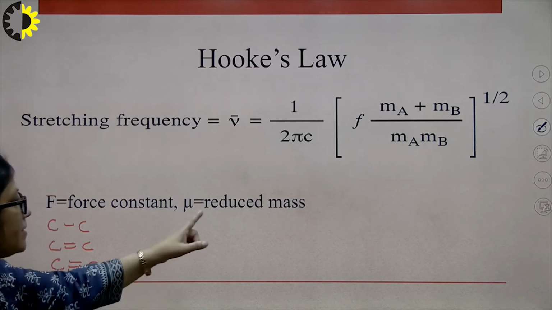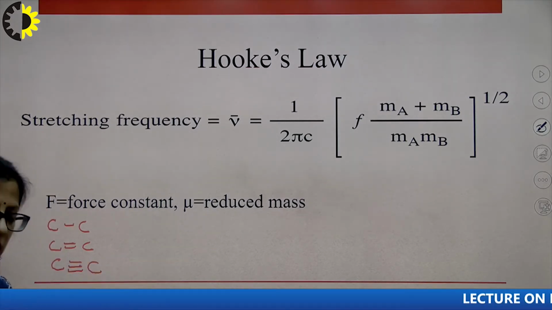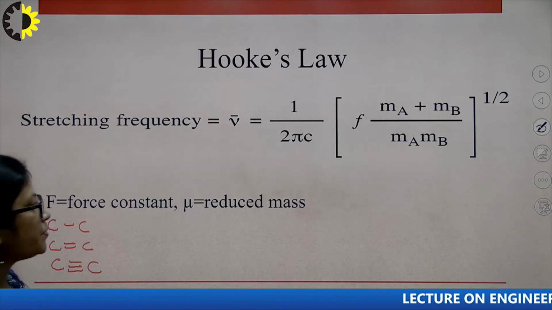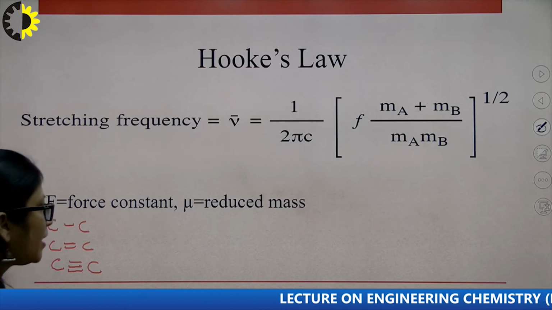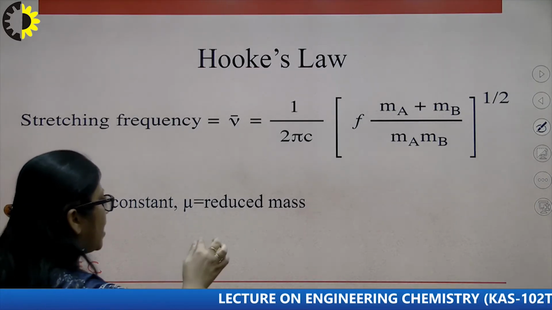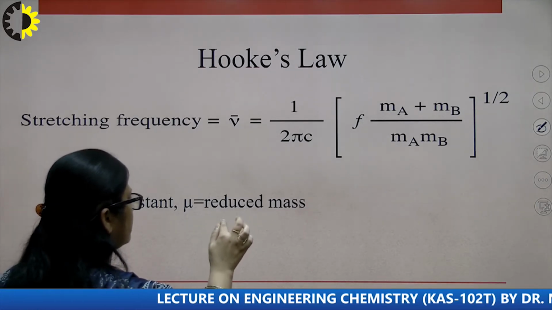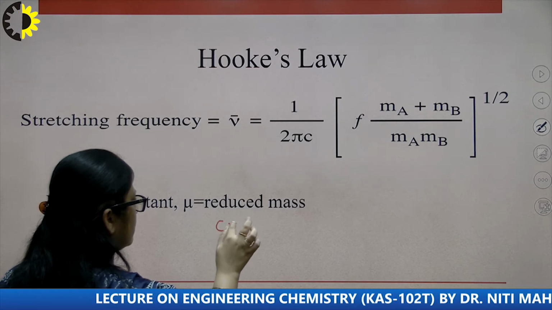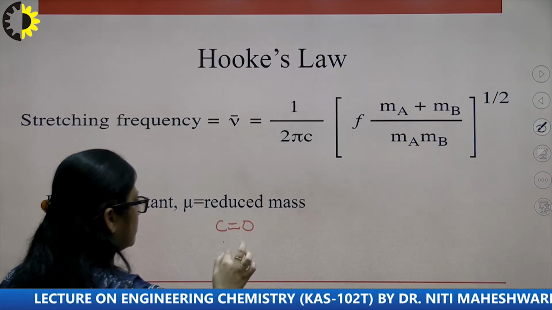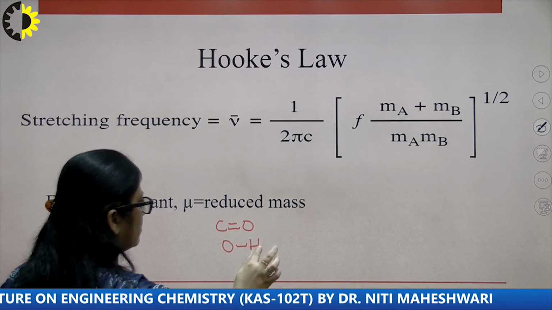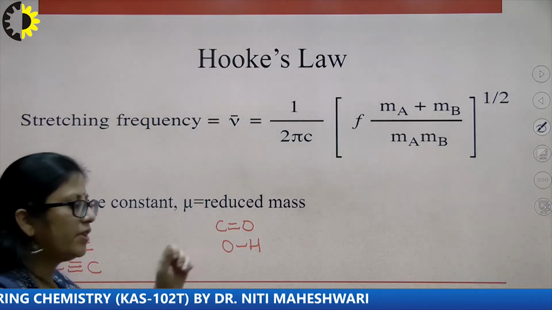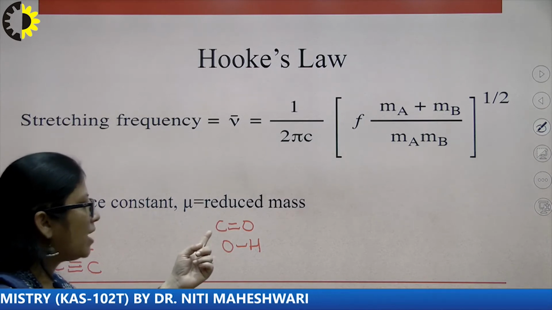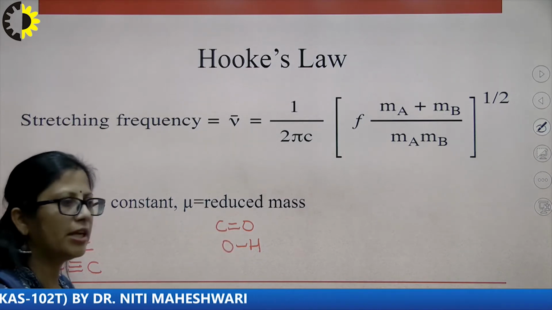And second is the reduced mass. How is this reduced mass affecting the stretching frequency? For example, if I am studying a bond between, reduced mass, masses of the atoms. Atomic mass of carbon is 12, oxygen is 16.